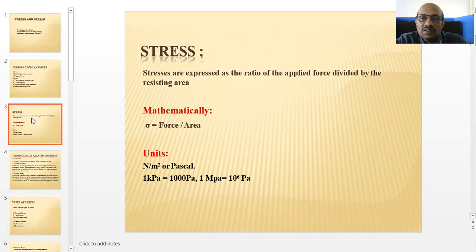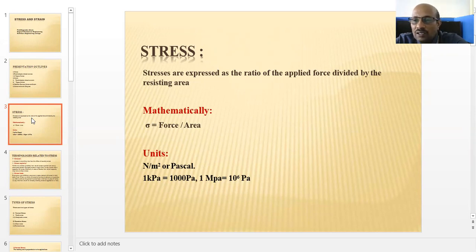Stress is always related to load. We express it as load per unit area, or force per unit area. Mathematically, we denote stress by sigma.